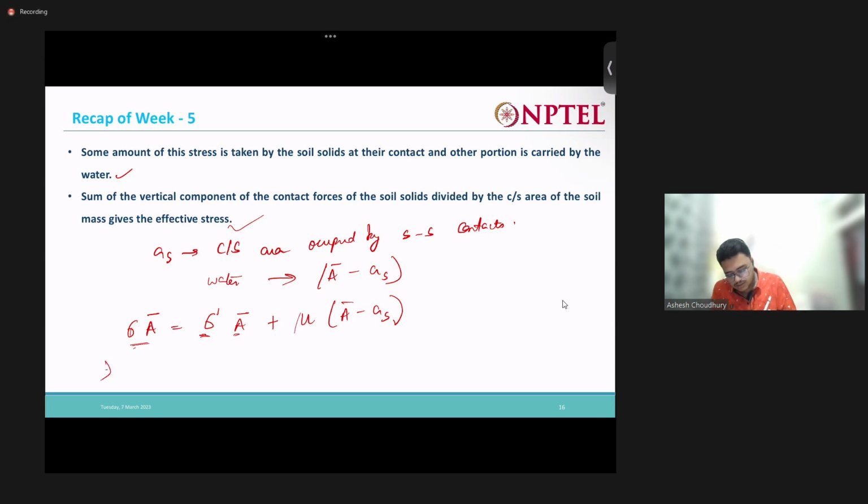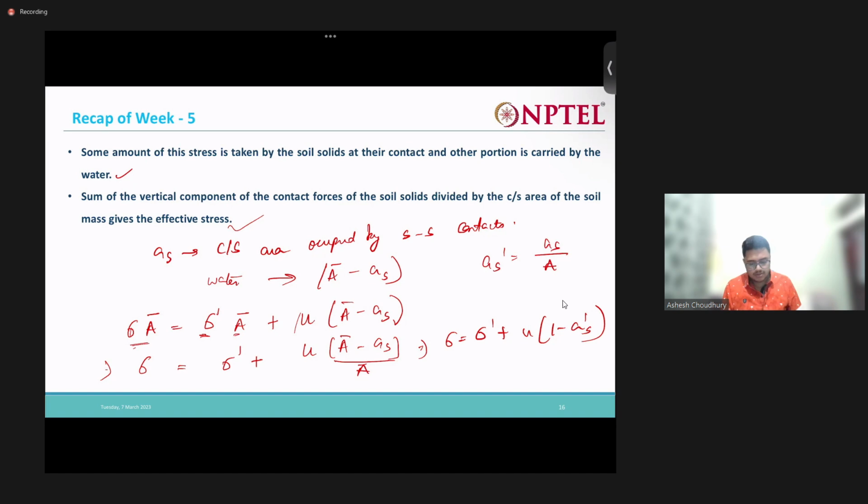Or we can write total stress equal to effective stress plus U into (1 minus AS by A bar).